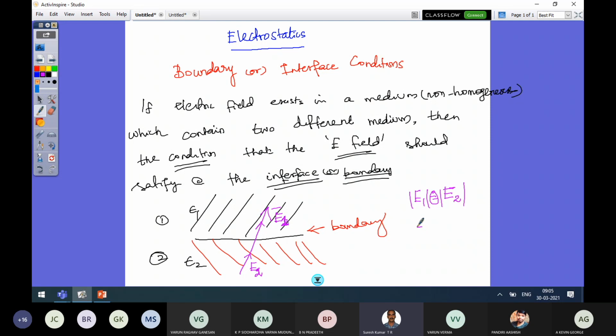In the same way, what will be the direction of the electric field in medium 1 and medium 2? Will both be in the same direction, or will it undergo any change? As it penetrates from medium 2 to medium 1, will it bend toward the boundary, or will it continue in the same direction? All these things we want to understand.